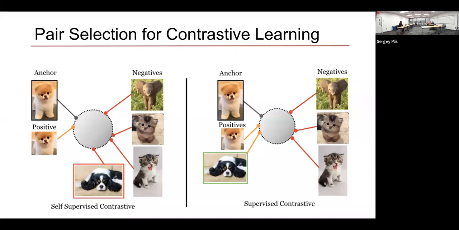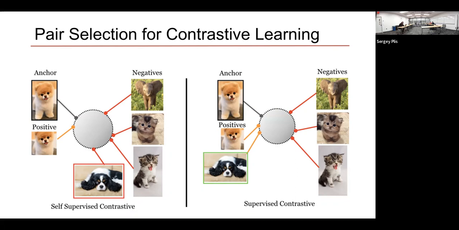So if we pair up the anchor and any other sample from the same batch, that pair will be treated as negative. But if we use some form of augmentation of the same anchor and pair them up, then it will be treated as a positive pair. So for every batch, there is only one positive pair formed by augmenting the anchor, and all other pairs are negative.